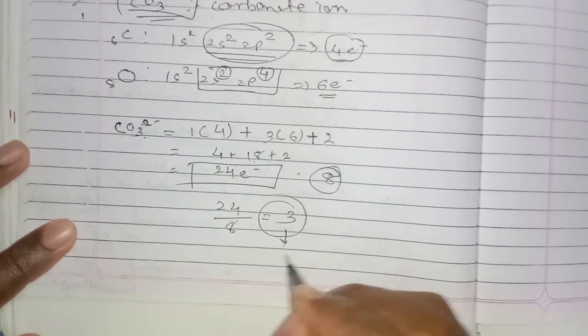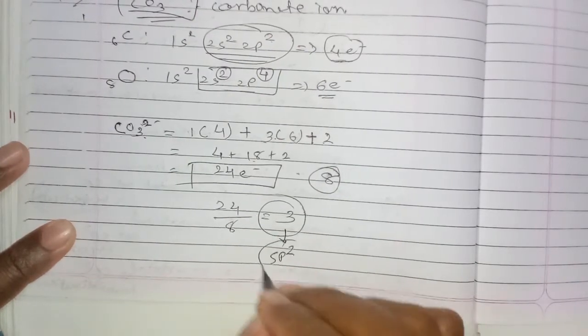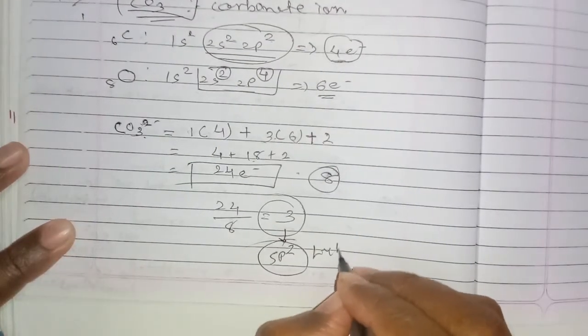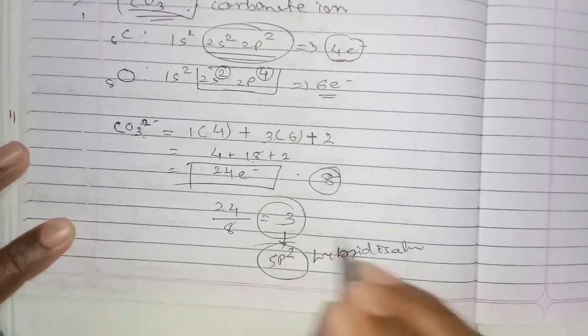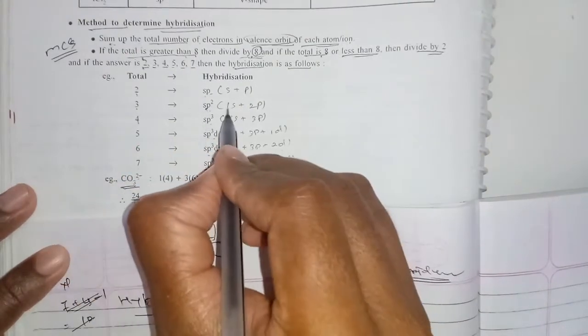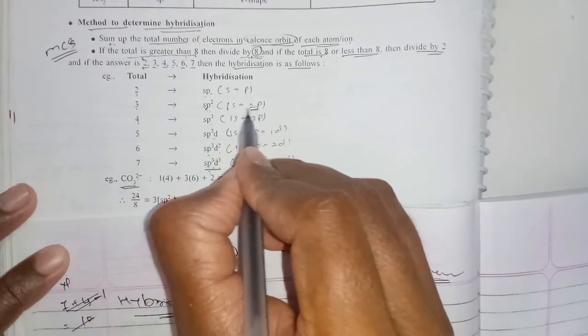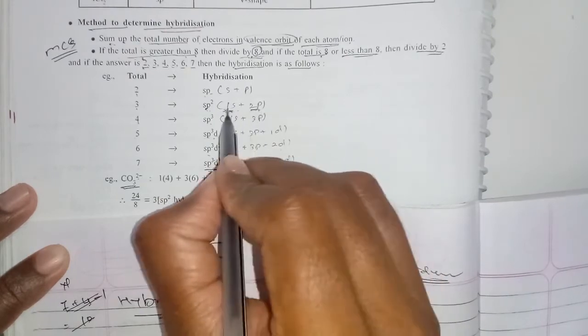It means sp2 hybridization takes place, because 3 means one s and two p orbitals are hybridized.